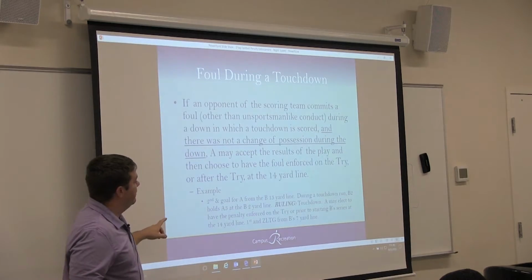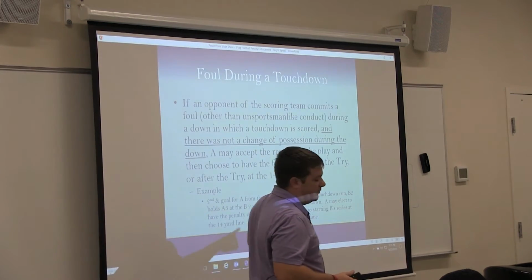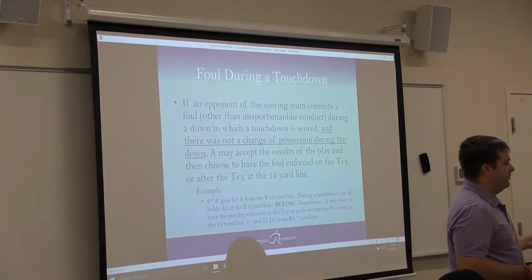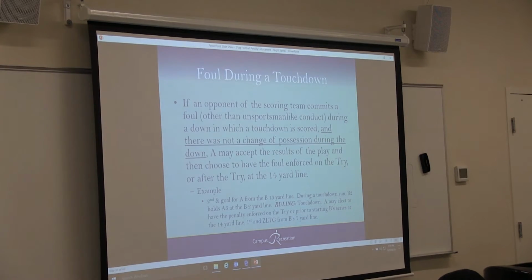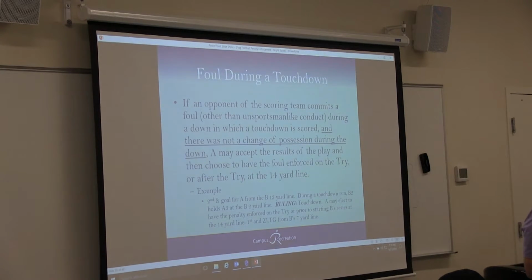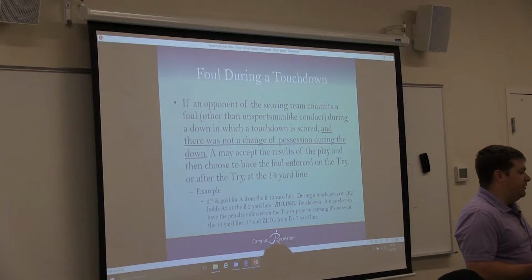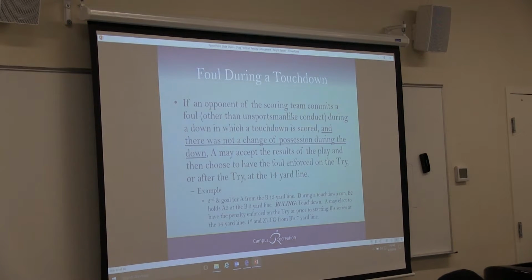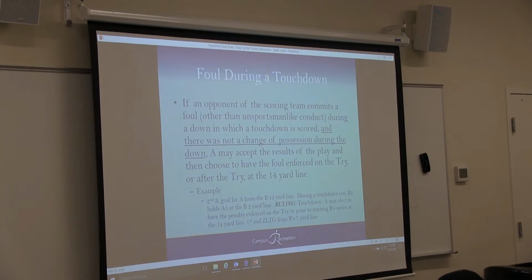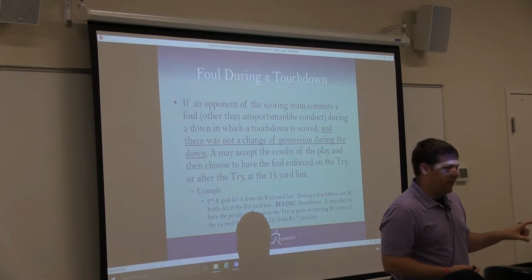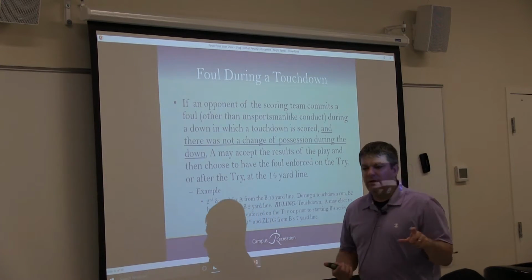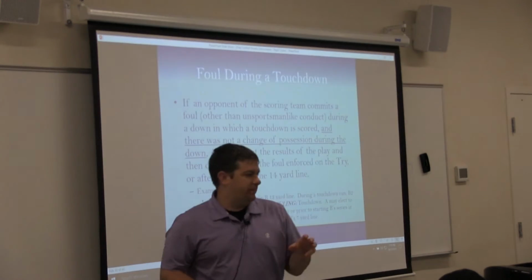If the opponent of the scoring team commits a foul and there's a score, now you have a couple different options. If somebody holds me, I break free, I score a touchdown, the touchdown stands. We want to give them that. Now, unlike other Saturday, Sunday, Friday night football, the offense has an option.